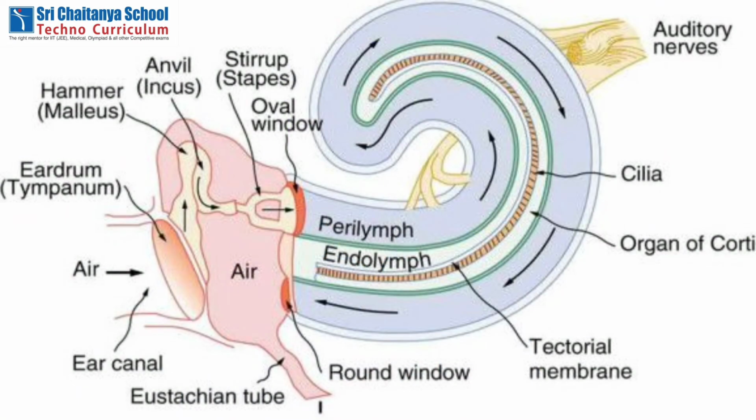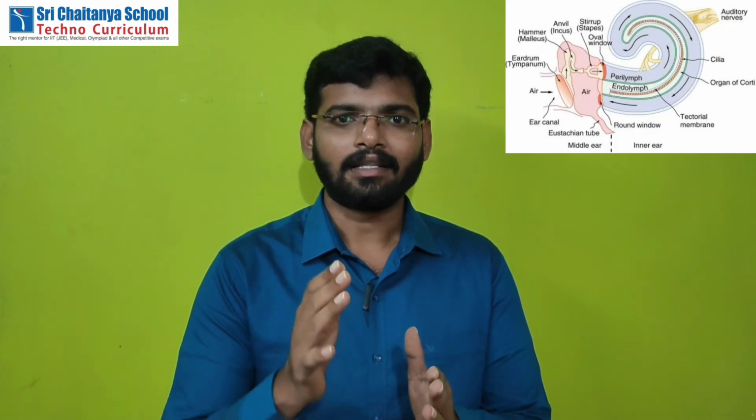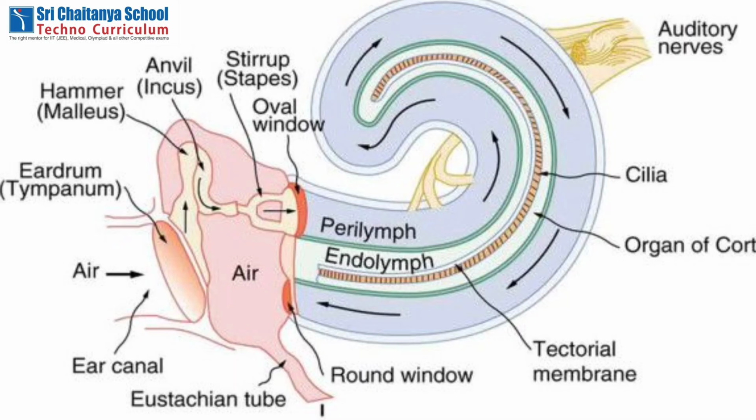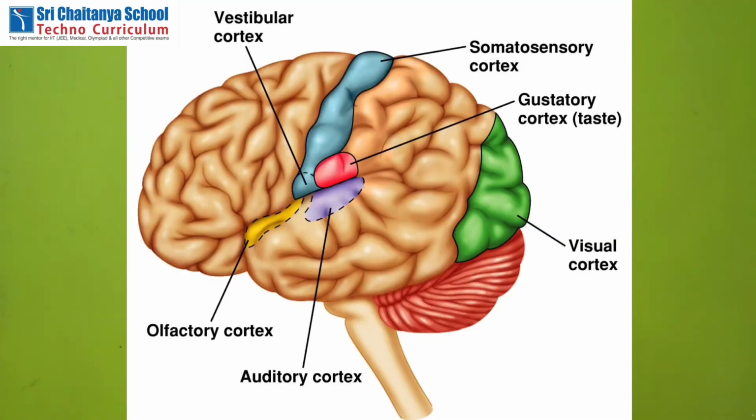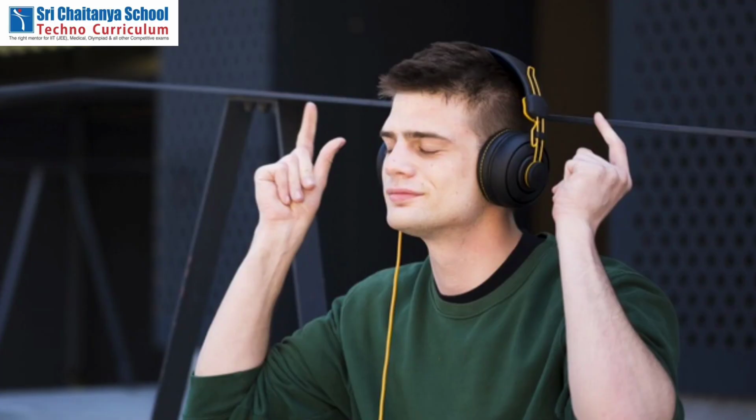These waves induce a ripple in the basilar membrane. These movements of the basilar membrane cause bending of the hair cells in the organ of Corti, which creates a nerve impulse. These nerve impulses are transmitted by the auditory nerves to the auditory cortex of the brain, where these impulses are analyzed and the sound is recognized.